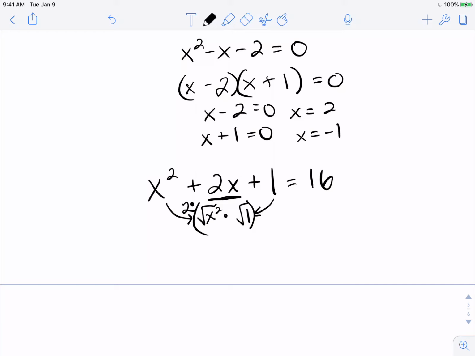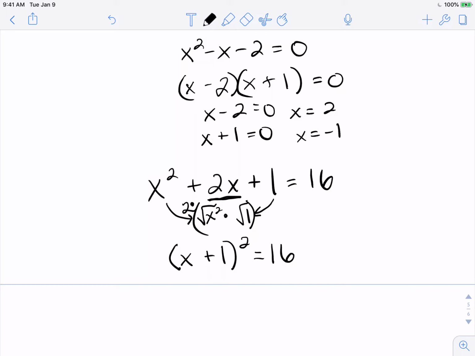You have 2 times 1 times x in the center. It's a perfect square trinomial. So you can factor it. So it's going to be x plus 1 squared equals 16.